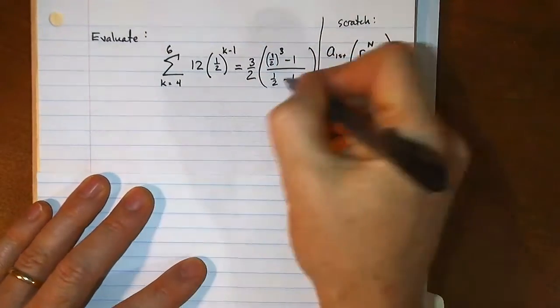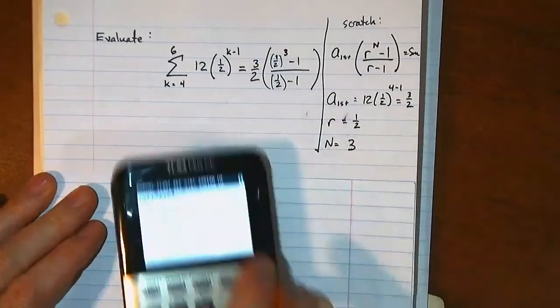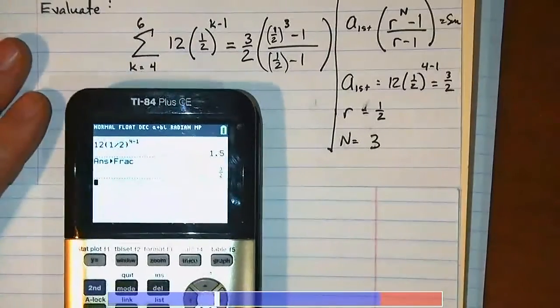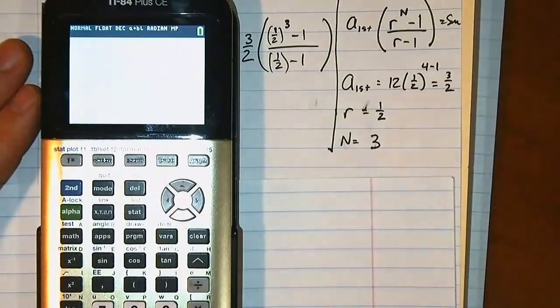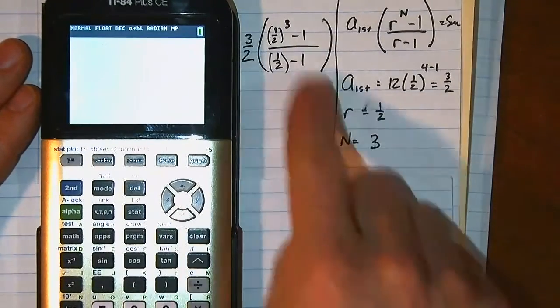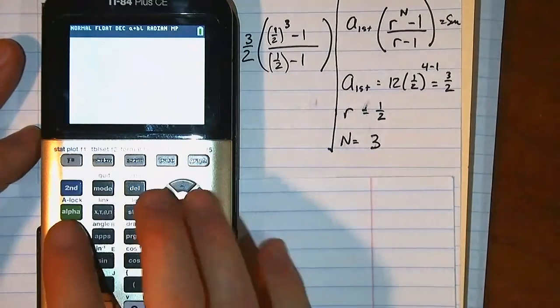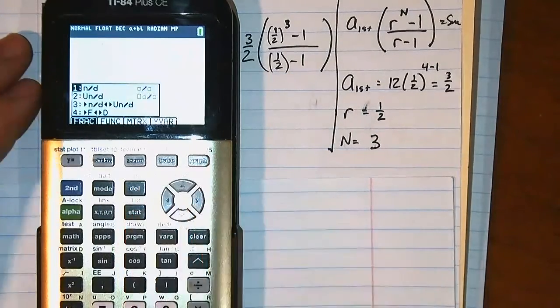Okay, so now we just go through and we simplify. You can simplify it with order of operations, and I did that in the last video. But for this video, just to show an alternative, I'd like to go ahead and type it all in as it's written by taking advantage of the fraction feature. Remember, if you push alpha y equals, you can make fractions.